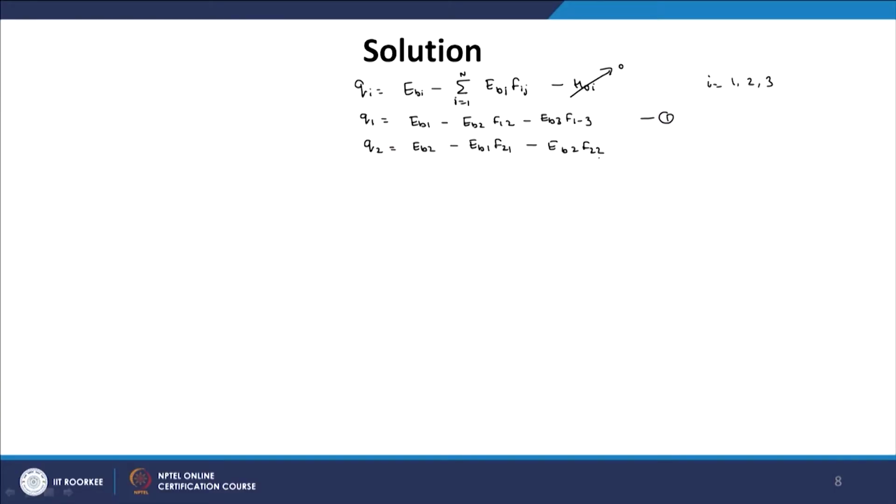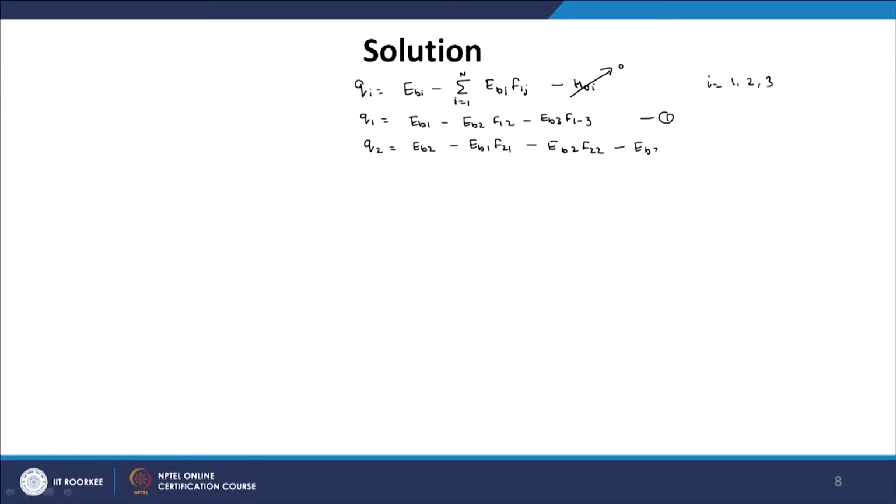There is no term for F11 because they are flat surfaces, so no radiation emitted from surface 1 and 3 will fall onto themselves. Then we have Eb3 F23, and this is going to be equal to 0. Let us call this equation 2.